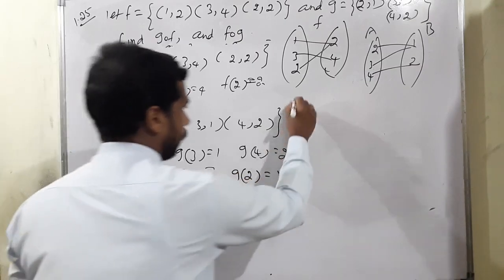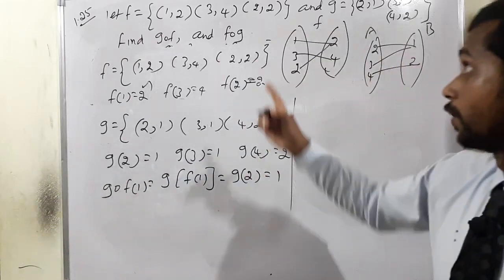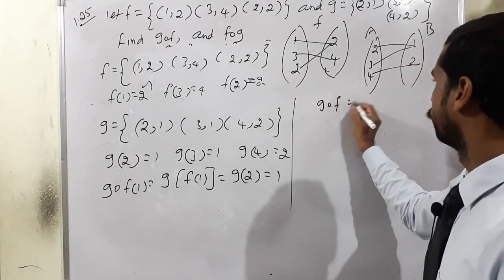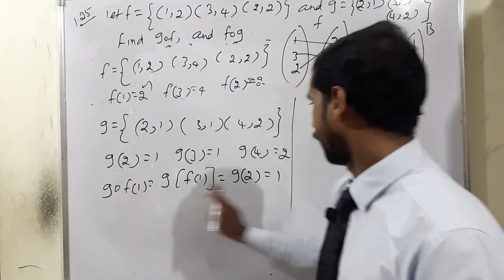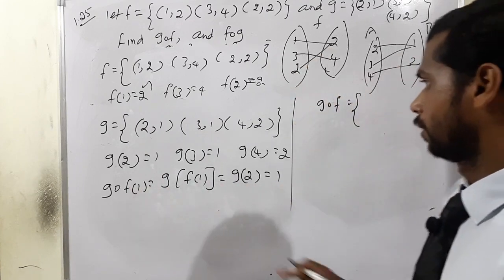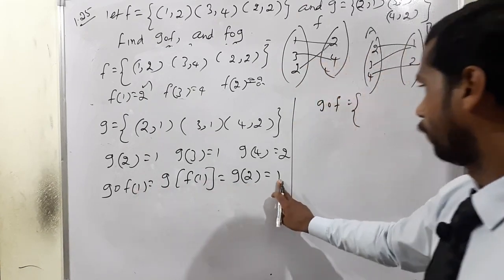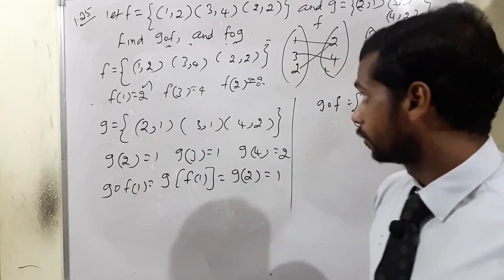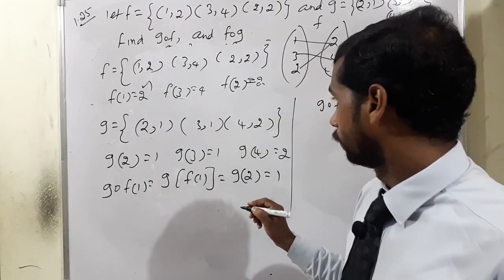Therefore, the first pair of g dot f is the pair (1, 1), isn't it? Output: g of 2 is equal to 1.